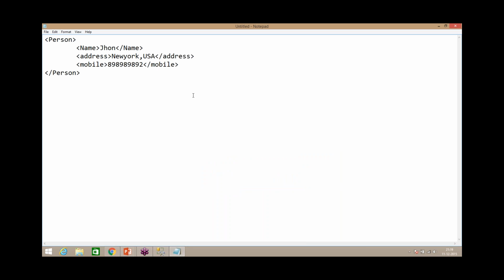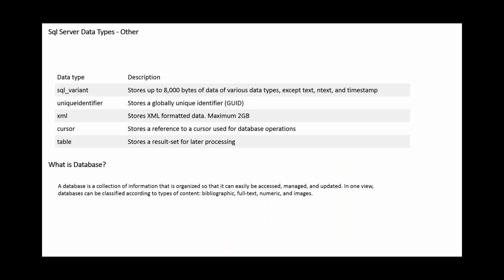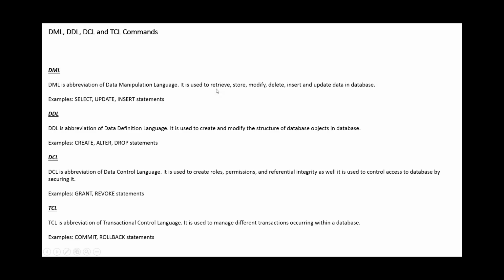The XML representation will be something like this. You can save this type of data into your field if you define that field type as XML. Is that clear?